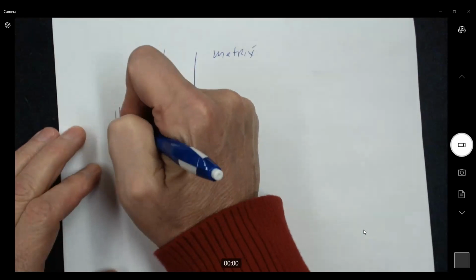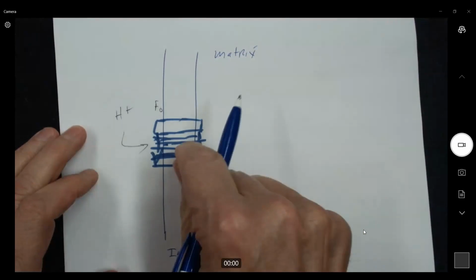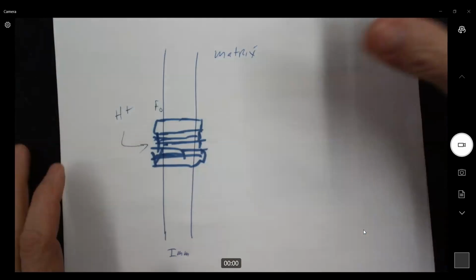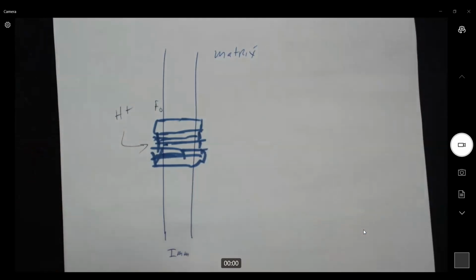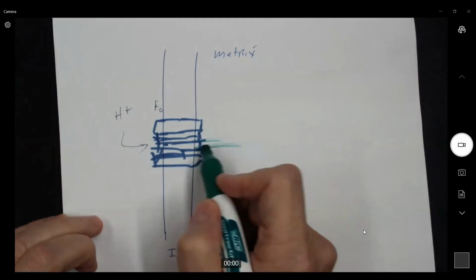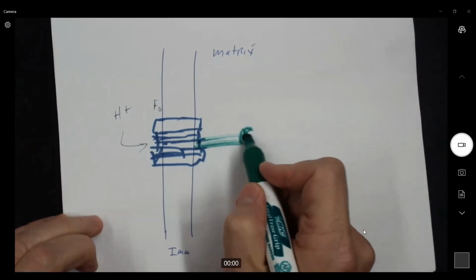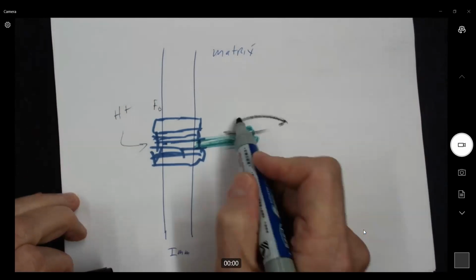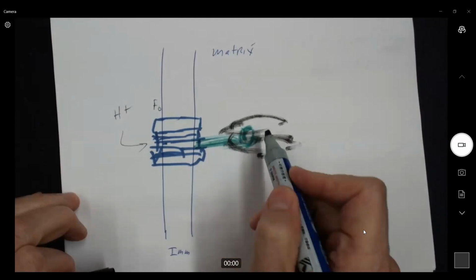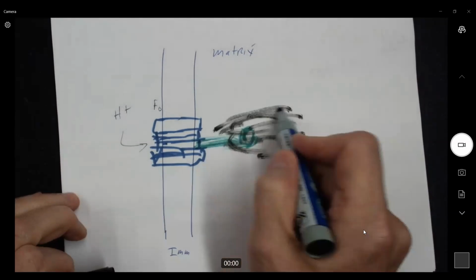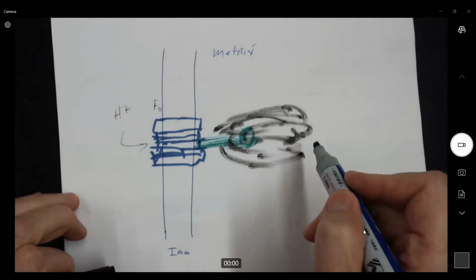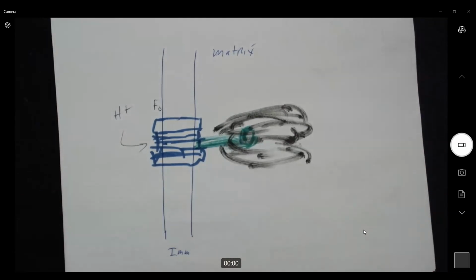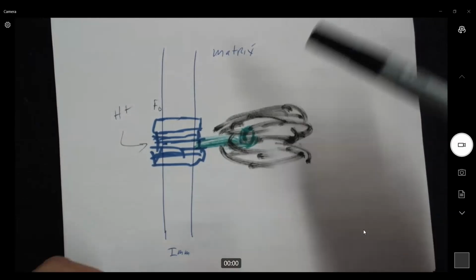Remember, the protons are going to enter through this F sub O subunit. Then you have the stalk, and then you have the subunits. That looks like an impressionistic ATP synthase.